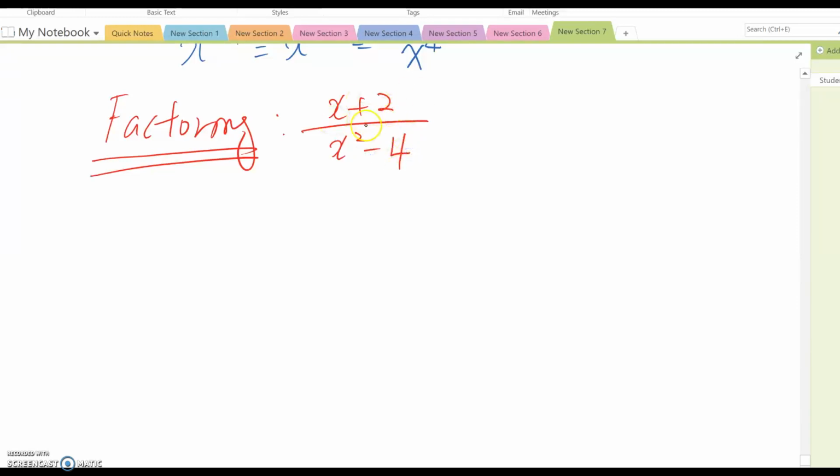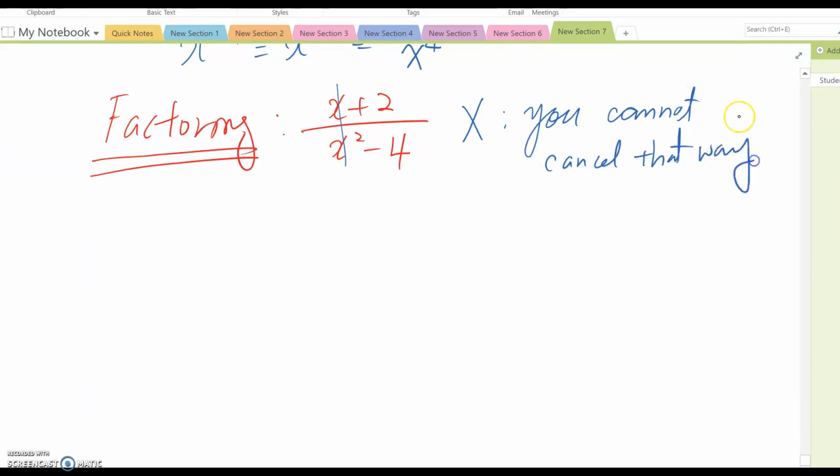So in this case, you cannot cancel like this. No way, you cannot cancel that way. Okay. Now you need to make each term a monomial. So far they're all binomials, right? So you need to make a monomial, which means you put it into parentheses and make a multiplying form here.